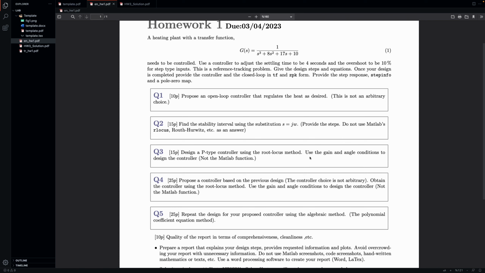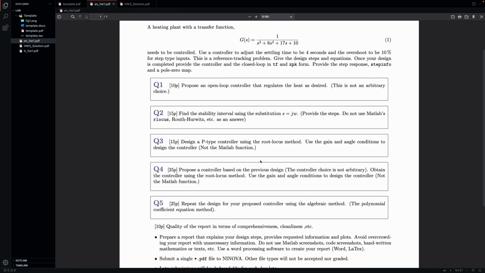And those outputs should be copied and pasted into Word or LaTeX, and you have to just pay a little bit more attention to it, work on it a little bit, and that should be your resulting report actually. That's how I do it, at least. So, design a p-type controller using the angle condition and gain condition, not the MATLAB rlocus function or whatever. So no ready tools, just the design steps are needed here.